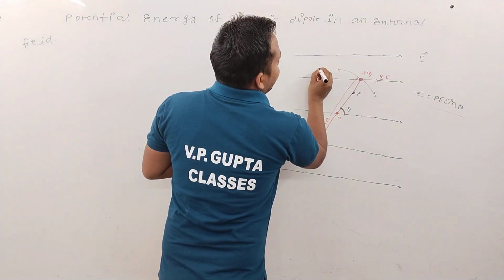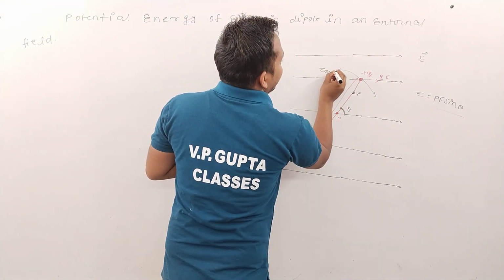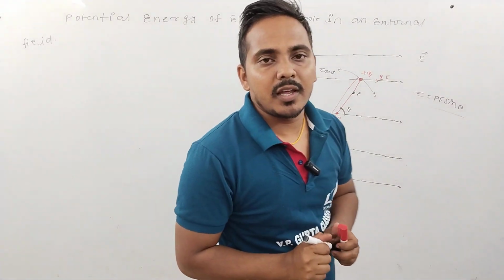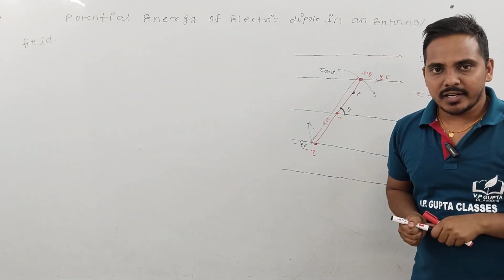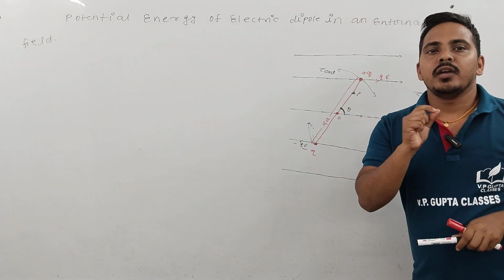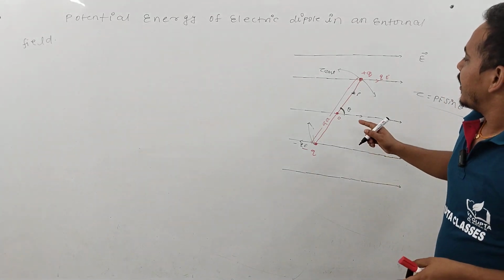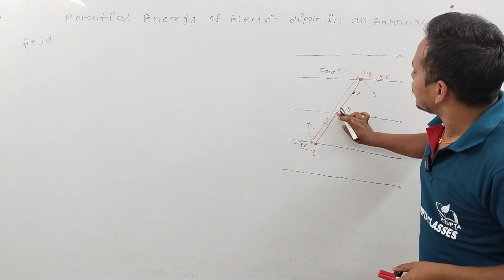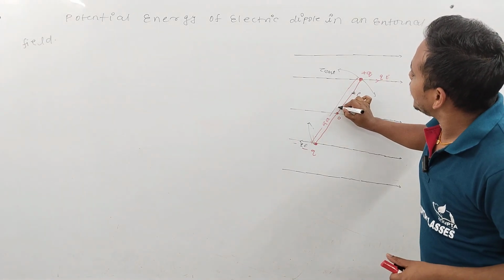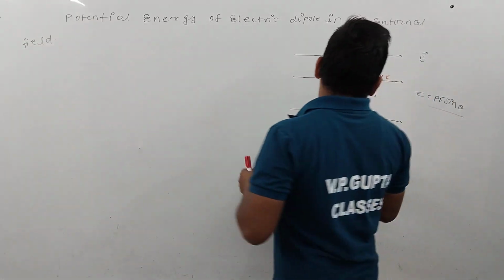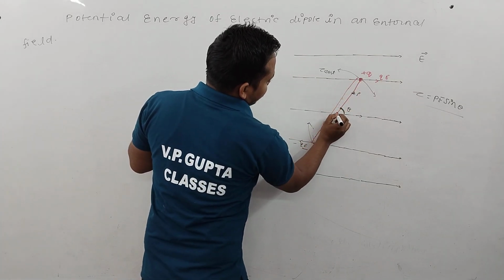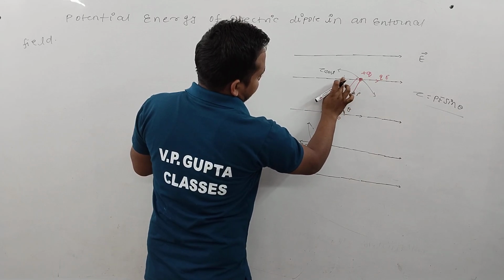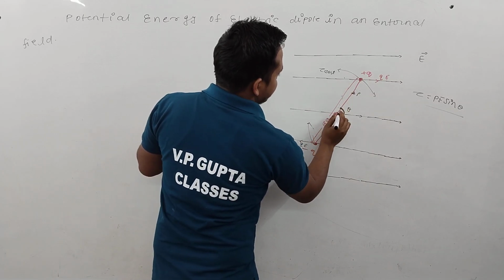Now after applying tau ext, a small work dW is done, and there is an angular displacement, here d theta.